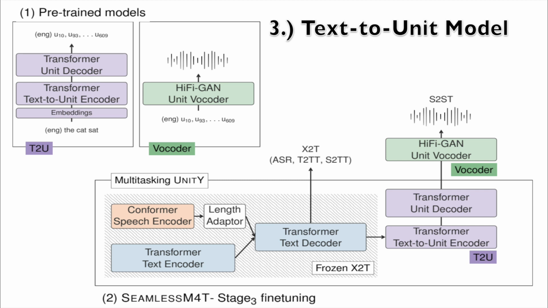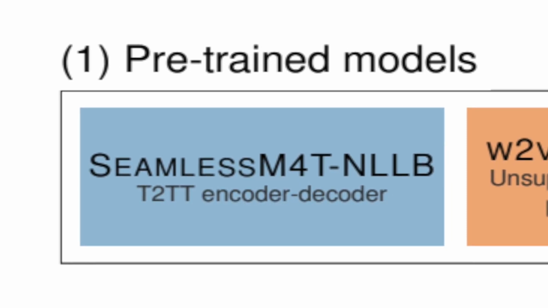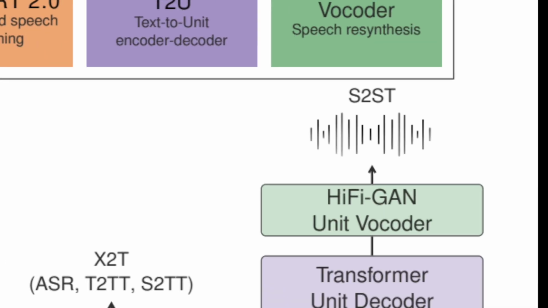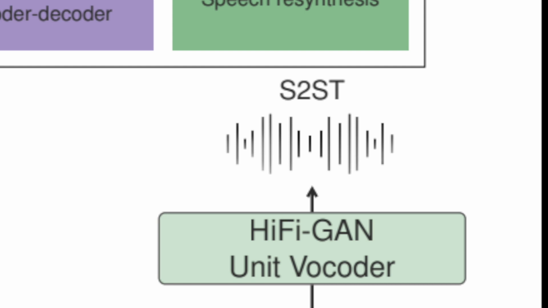Then, a text-to-unit model decodes the text output into discrete acoustic units, which are used in subsequent stages to generate speech. Before all this, though, they pre-train the components to make sure everything works smoothly and maintains top-notch quality. The final step is turning those text blocks into speech using a multilingual HiFi-GAN unit vocoder.